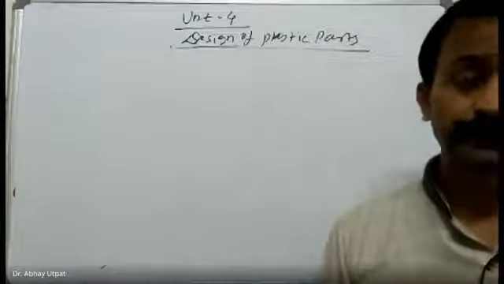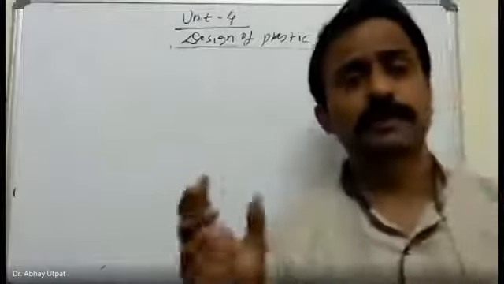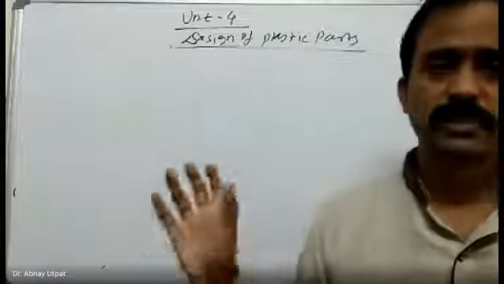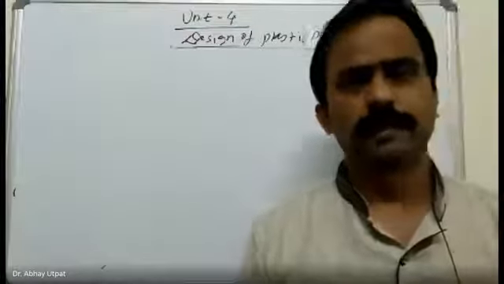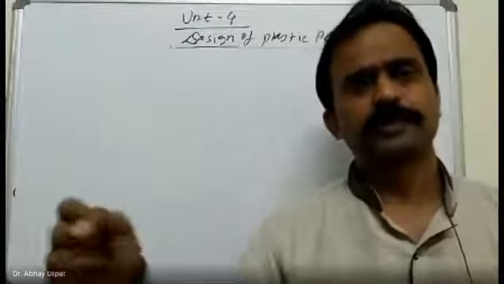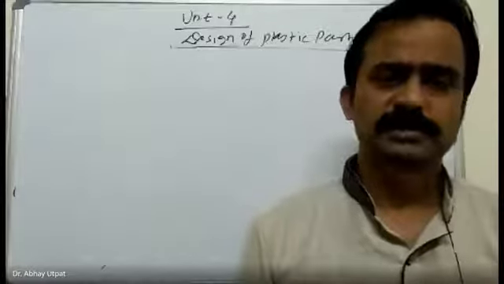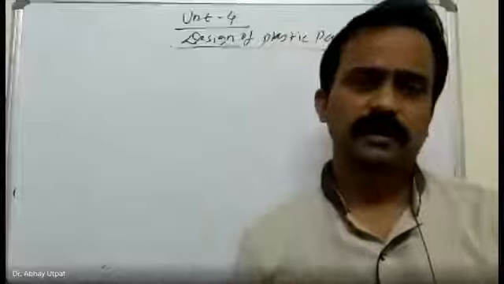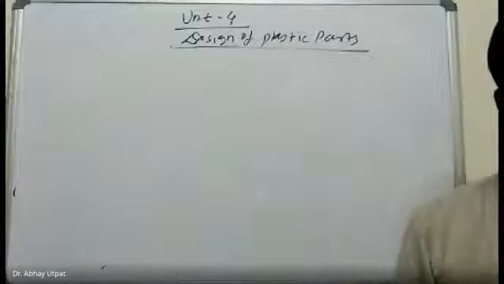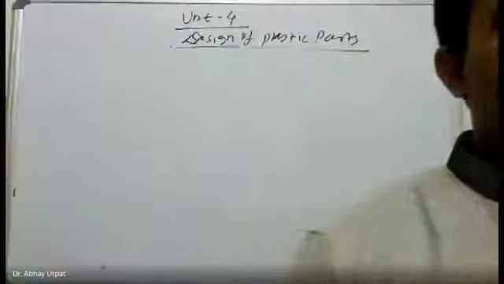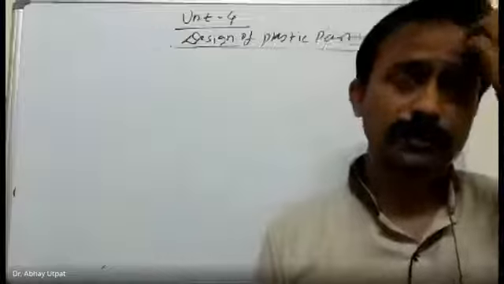I repeat, at the end of the chapter, students will be able to design a particular plastic component. Here we will take some simple plastic part, for example a bush required for tables, chairs, etc. That will be taken, and I will tell the procedure which you can follow for any types of problems. So this is all about the contents of unit number 4.